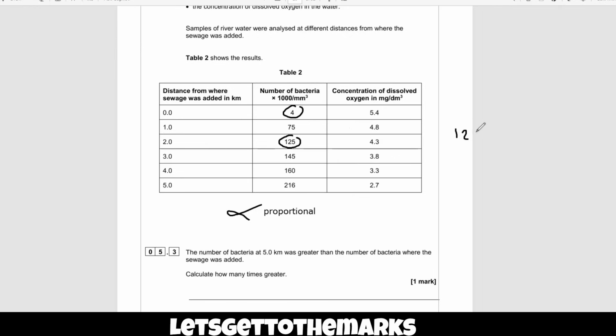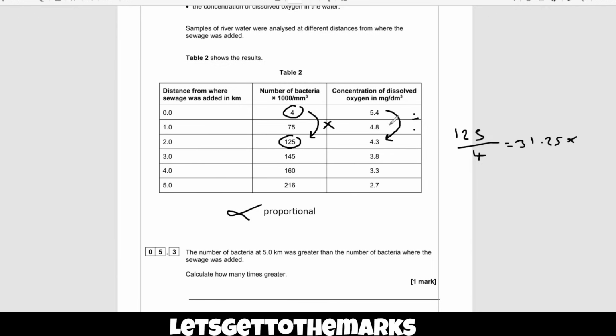So if I go 125 divided by 4, that has increased by 31.25 times. So it's got 31.25 times bigger. Has this got 31.25 times smaller? No, it hasn't. It's gone about 25% smaller.